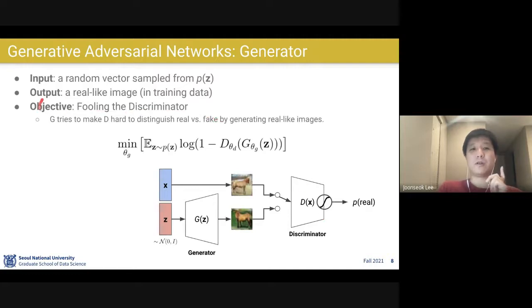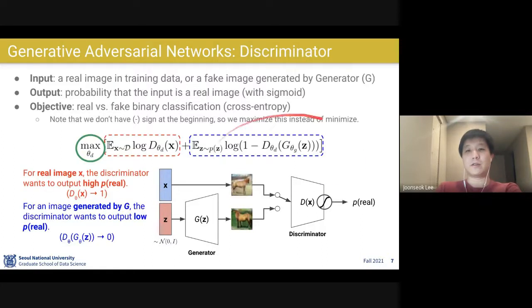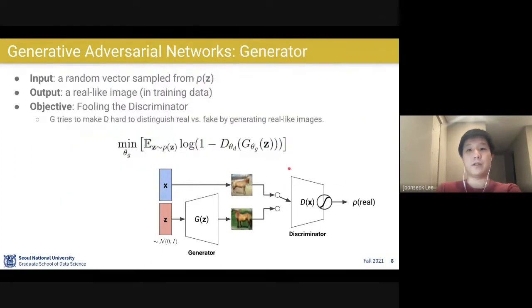So the objective of this generator is the same formula, the second term of this formula. But the generator wants to output some image such that the discriminator believes it's true, so it outputs close to 1 or larger values.